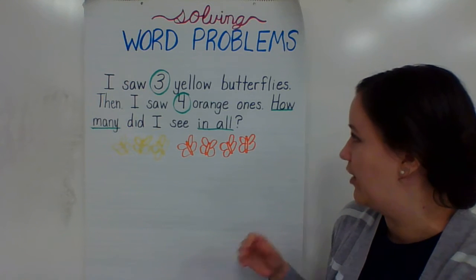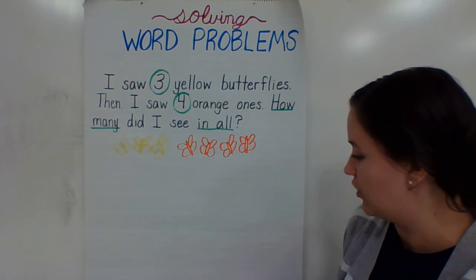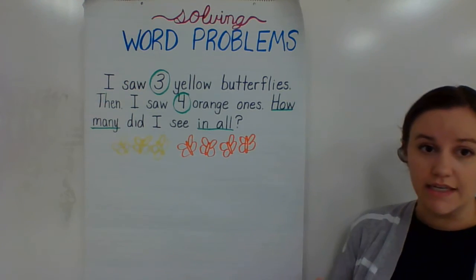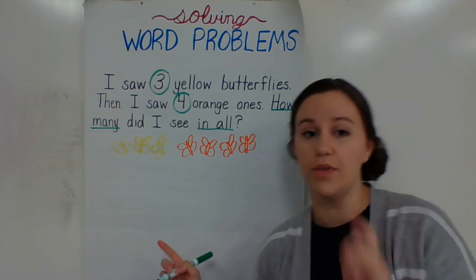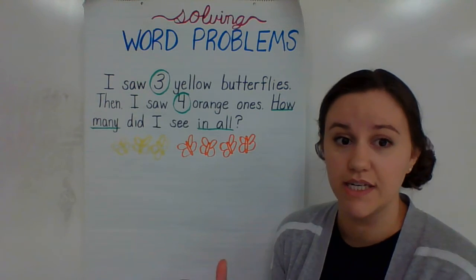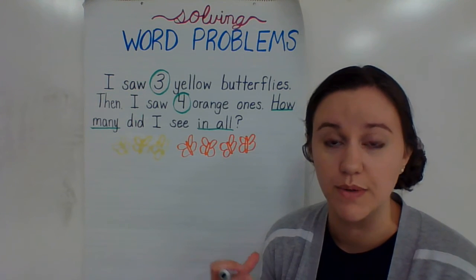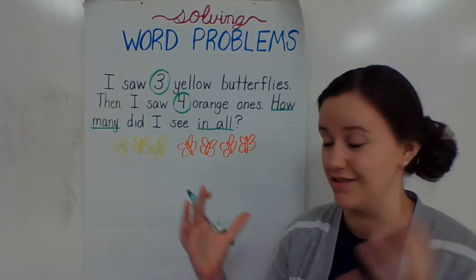I want to know how many did I see in all, so how many all together. So I have a picture, I know the information I'm trying to find, and I understand that the operation I'm trying to do is add, because I want to know how many there are in all.